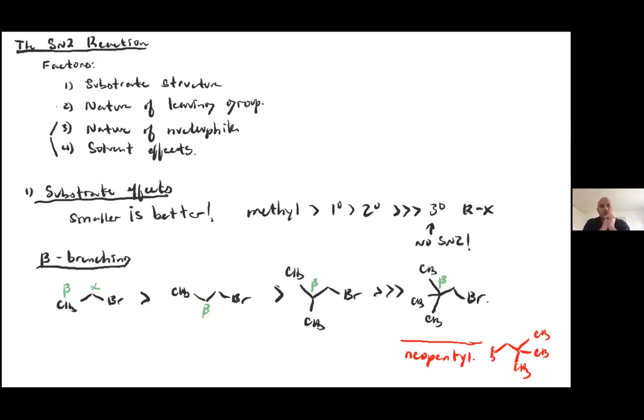So I showed you some Spartan images last time where we showed the substrates bulking up as we increased the substitution. I wanted to run through that again, but with the line wedge drawings so that you could have that representation as well.